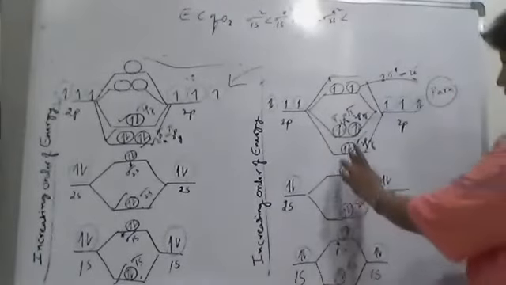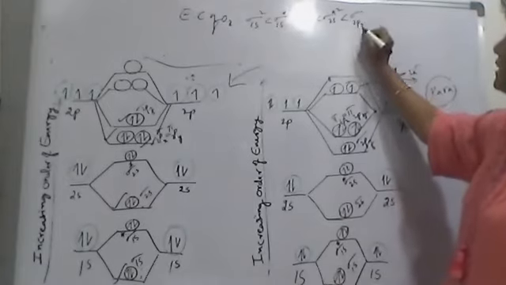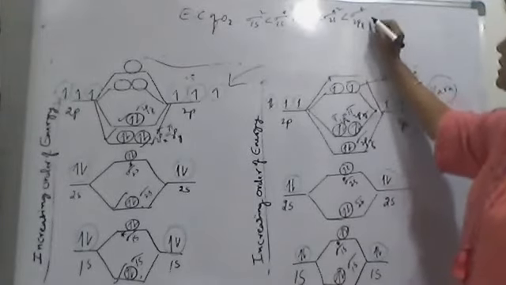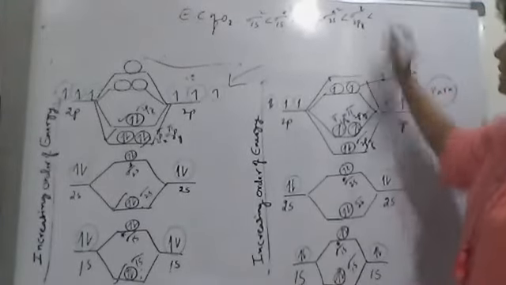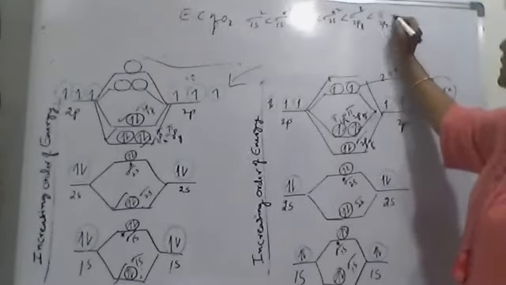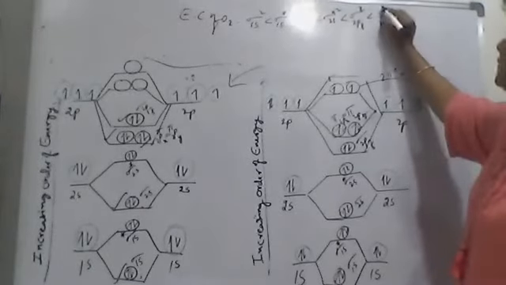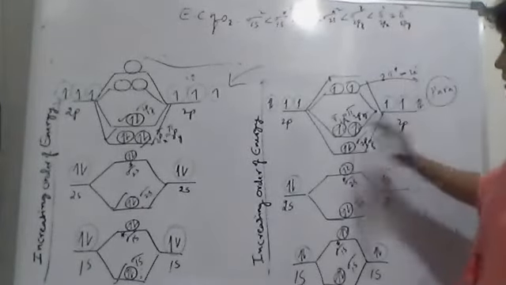After this, what is this one? Sigma 2pz 2 electrons. The next coming are these pi orbitals. Pi 2px equal to pi 2py, each one having 2 electrons.